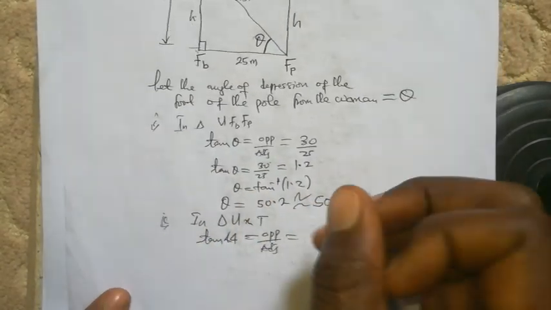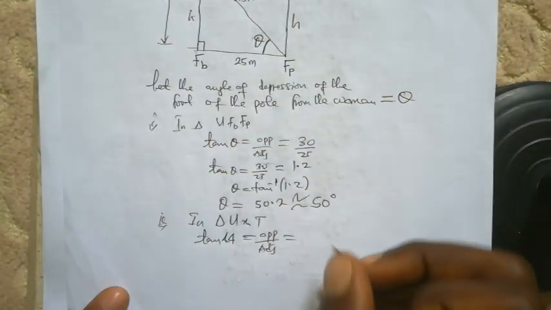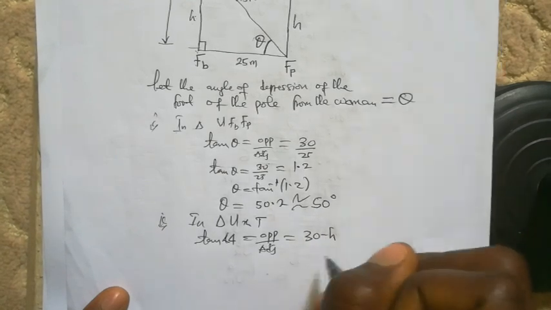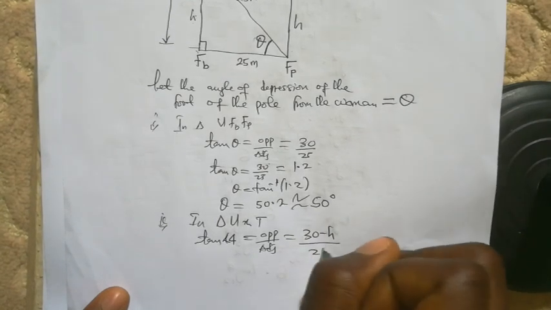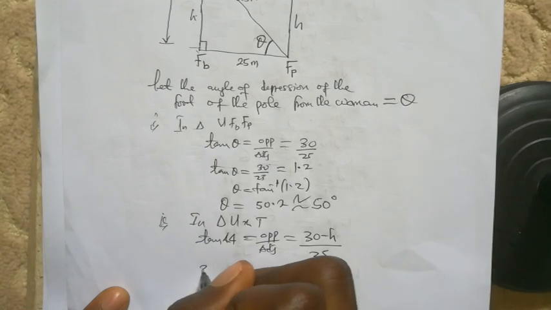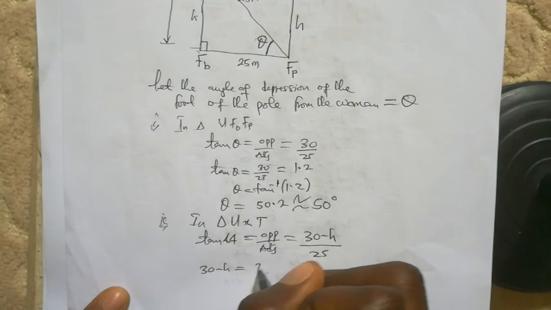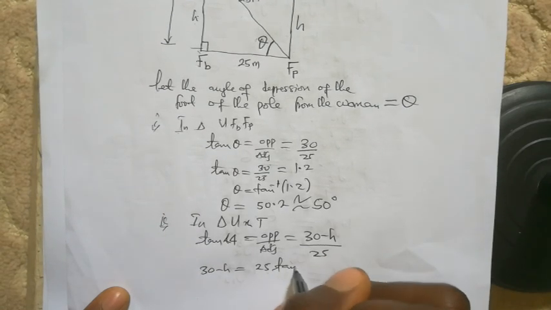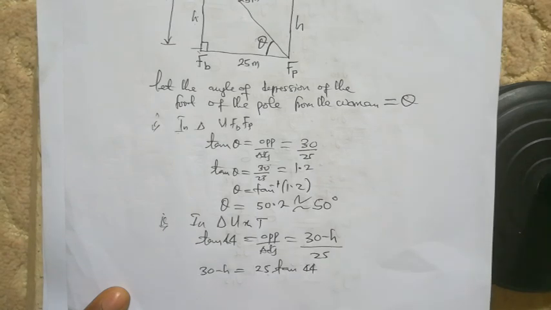My opposite over adjacent is going to be 30 minus h over 25. So 30 minus h is going to give us 25 times tan 44.